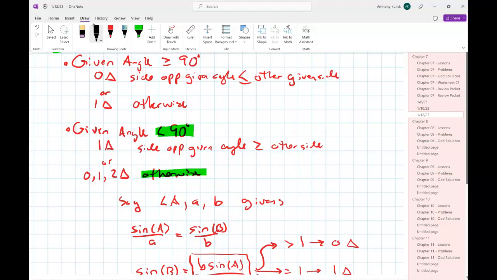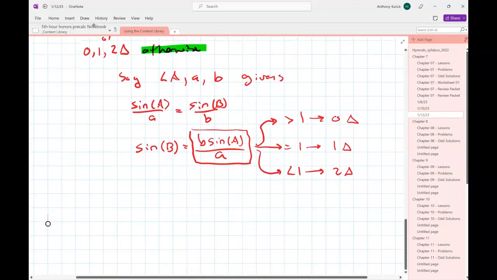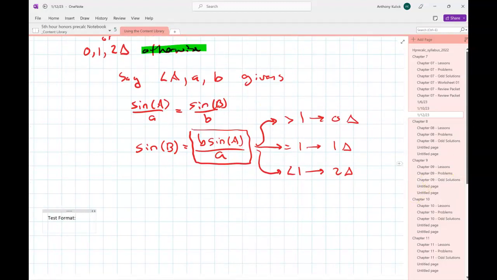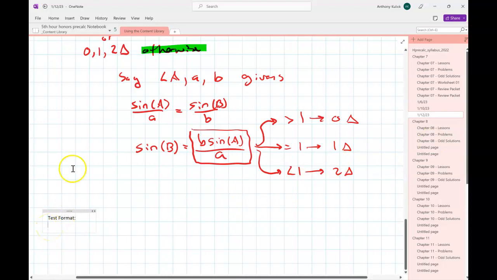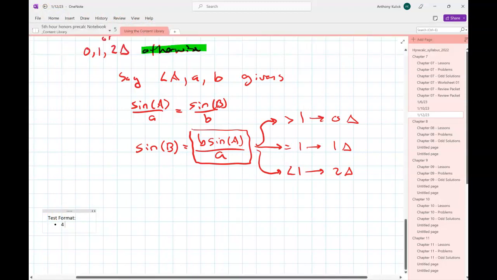Everybody otherwise feel good on questions then? Okay. Let's take a minute and just talk about the test format here. All right, let's put a bullet point or something here. So we have 4 questions.